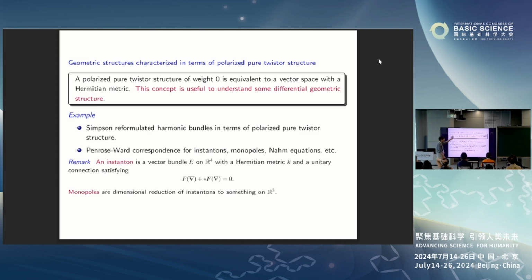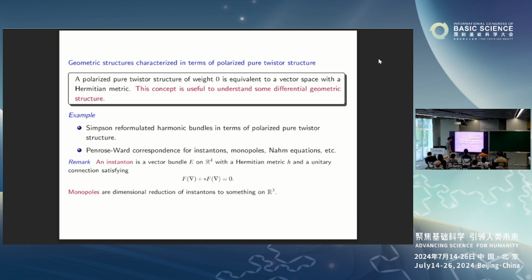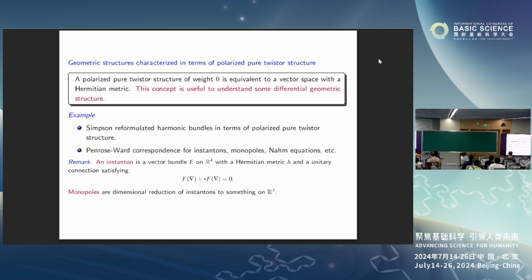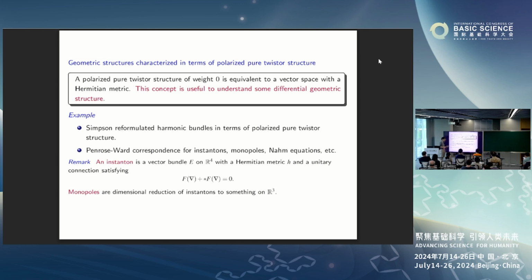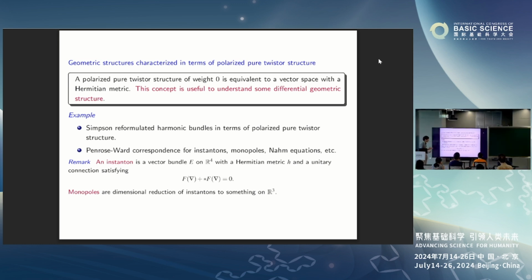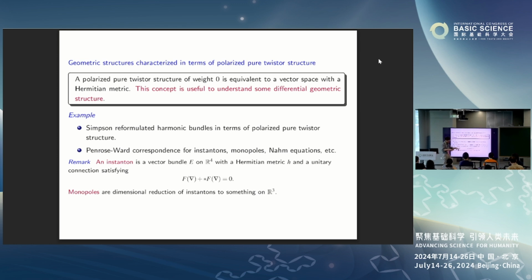But this concept is very useful to understand some differential geometric structures. Usually, differential geometric structures are defined by some complicated nonlinear partial differential equations. But in some cases, by using polarized pure twistor structures, we can understand the structure in a more complex analytic way. Actually, Simpson reformulated harmonic bundles in terms of polarized pure twistor structures. And before Simpson, polarized pure twistor structures of weight 0 implicitly appeared in twistor theories to describe instantons as some holomorphic data in the twistor space, which is called the Penrose-Ward correspondence.